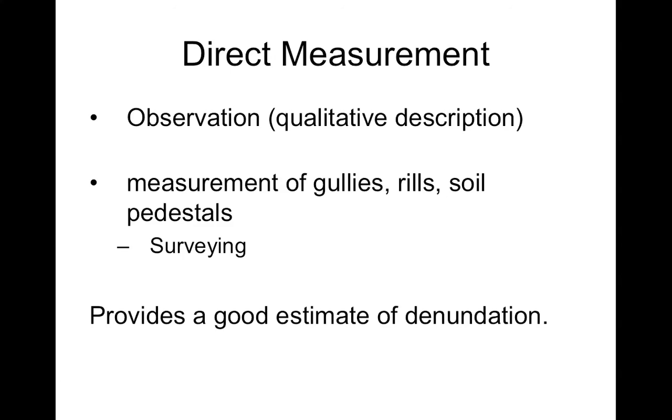Or you can actually do measurements of how gullies and rills and soil pedestals are changing with time, or how they may have changed, using some accurate estimates by using surveying techniques, right? And these direct measurements provide us with reasonable estimates of denudation, right? The change in elevation with time.